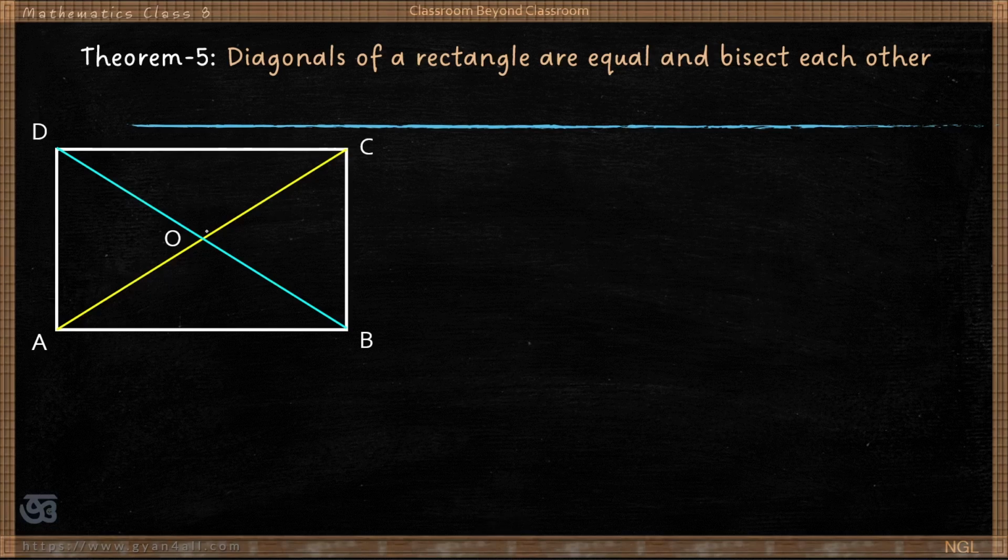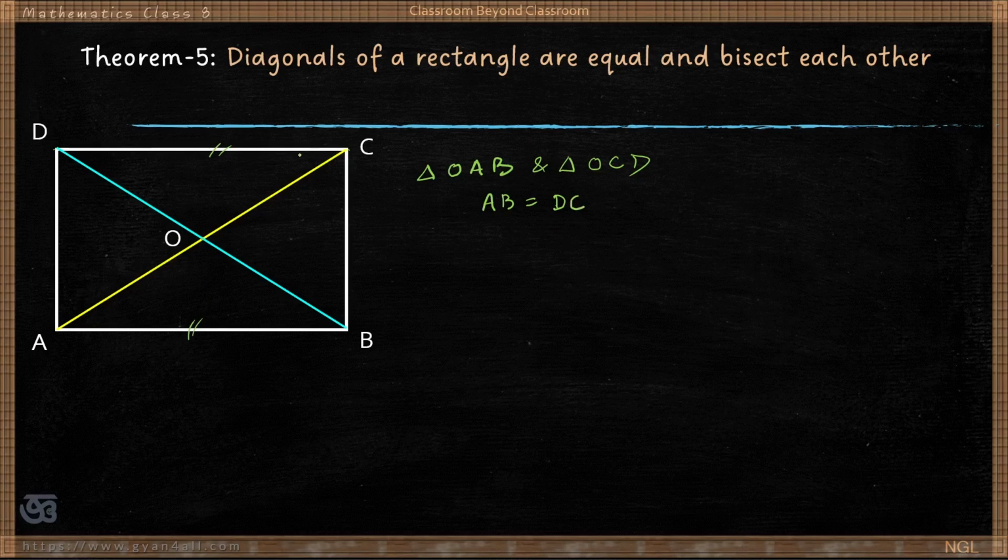You consider the triangles OAB and OCD. In these triangles you see AB is equal to DC. Side AB is equal to DC. Why are they equal? Because they are the opposite sides of a rectangle.